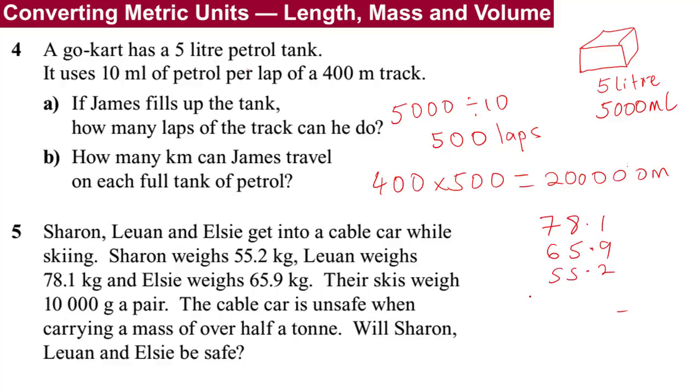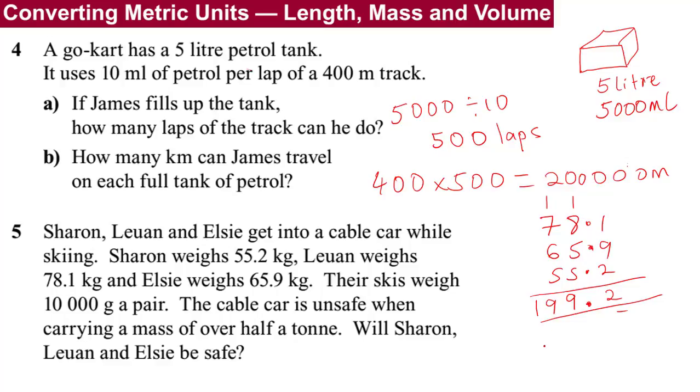Now when you're adding like this, make sure the decimal points are in a straight line. 1 plus 9 is 10 plus 2 is 12. 2 carry 1. 1 plus 8 is 9 plus 5 is 14. 14 plus 5 is 19. So 9, you carry 1. 1 plus 7 is 8. 8 plus 6 is 14. 14 plus 5 is 19. That's going to be 199.2.